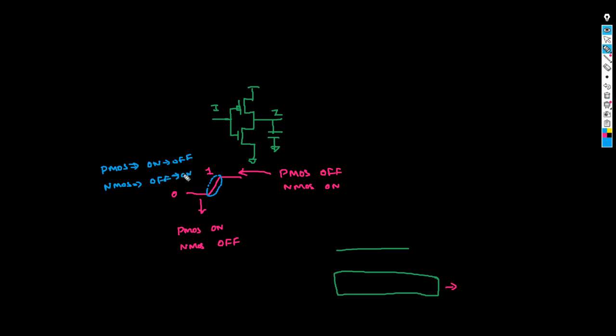For a fraction of a second, when this is going from on to off and this is going from off to on, there is a direct path between VDD and VSS.